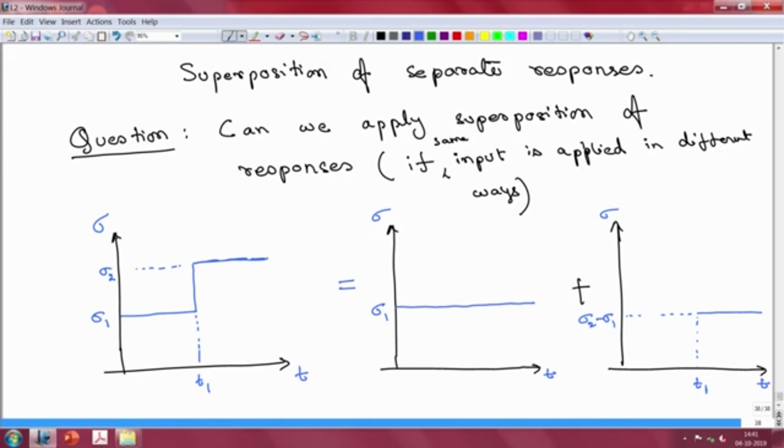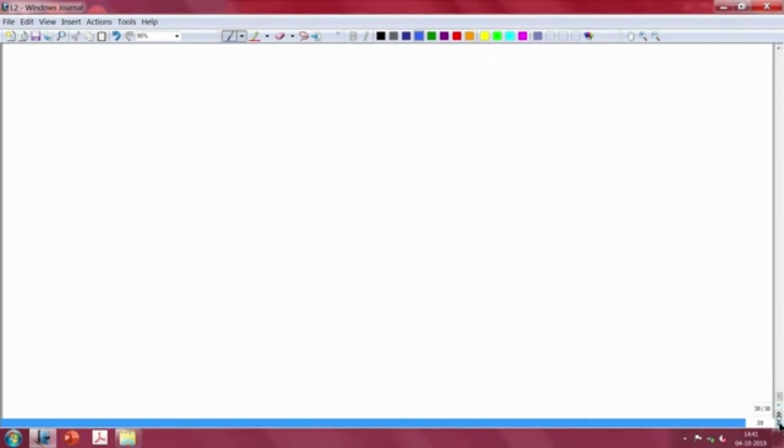So, if I were to draw the response to my graph on the left hand side, can I say that the response of the left hand side will also be equivalent to the two separate responses added together simply? That is what the superposition of responses is asking you. So, this is the input plane.